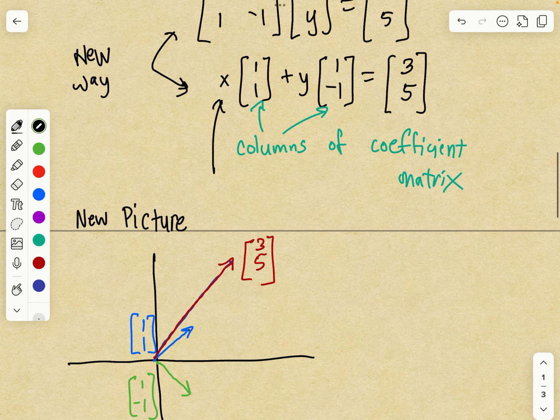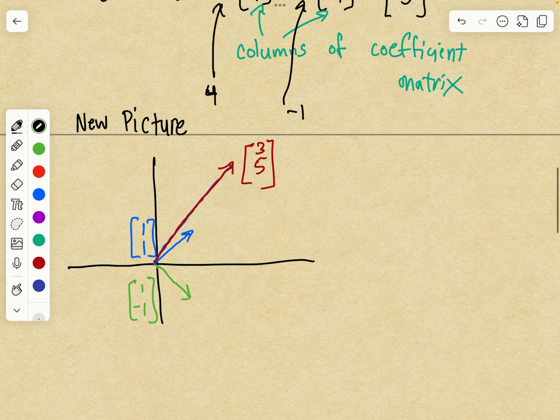To say that x is 4 and that y is -1 means that I need 4 of (1, 1). So if I take 4 of (1, 1), I'm going to get (4, 4), which is here.